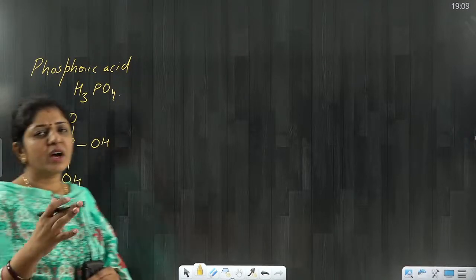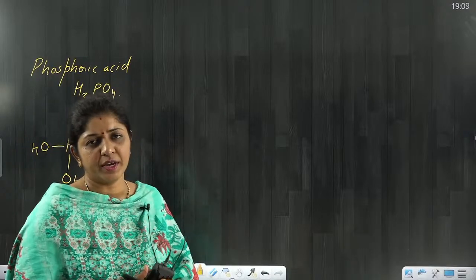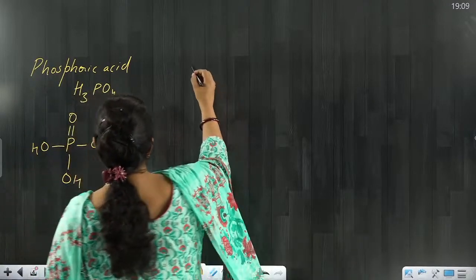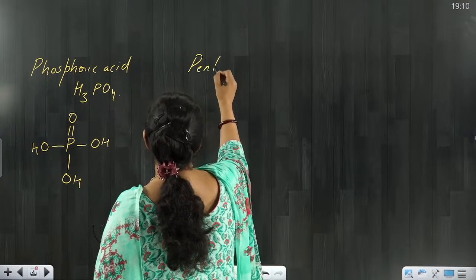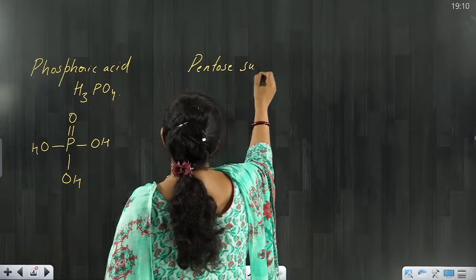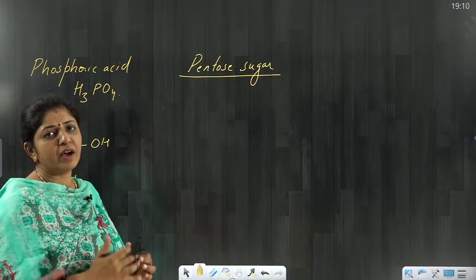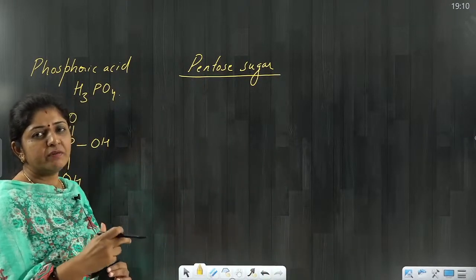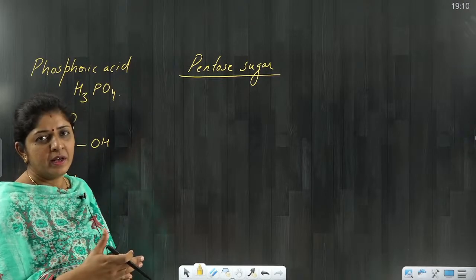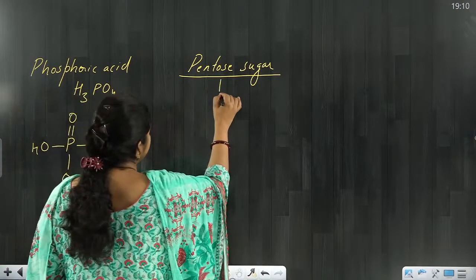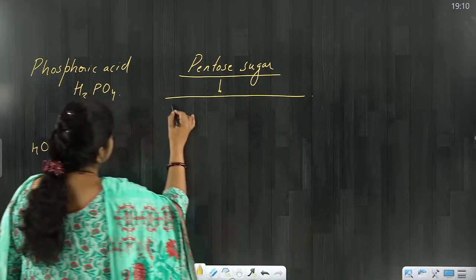This is one component among the three. Next component, I am taking pentose sugar. This pentose sugar, as the name indicates, has 5 carbons, but in a closed ring, which is heterocyclic.